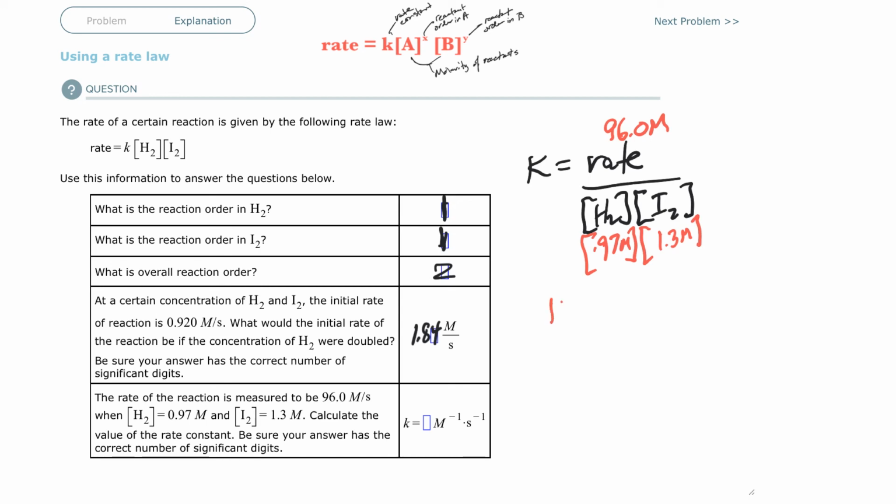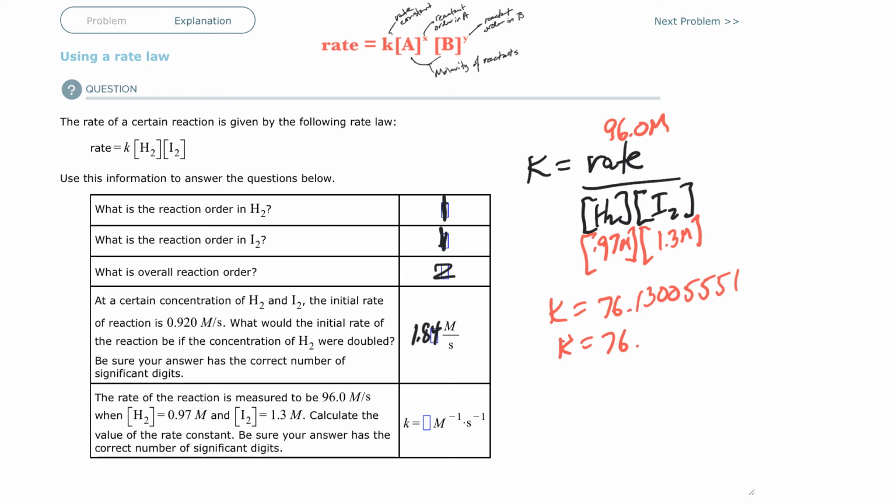So the K is going to equal 76.130055551. I've got 2 significant figures here, 3 here, 2 here, so I need to round to 2. So K equals 76.